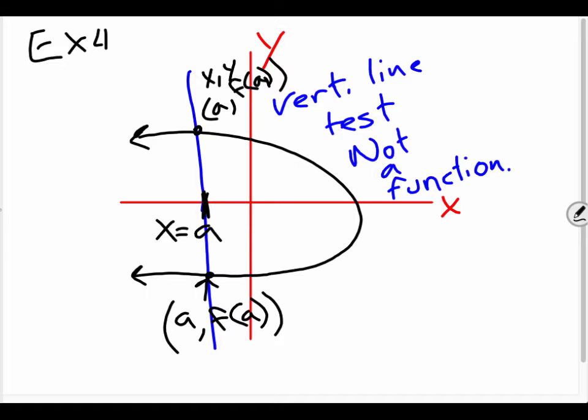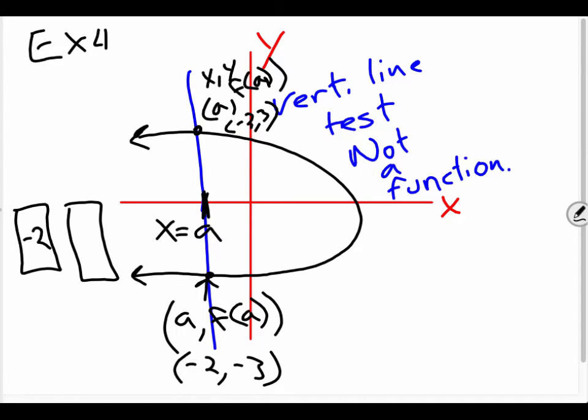So now I'm going to plug in some numbers just for the fun of it. Let's say this is -2, comma 3, and this is -2, comma -3. Now if I were to make my mapping, I have -2, and that corresponds to both 3 and -3. So if I base it on what we just did in example number 3, what would you say occurs when you draw a vertical line?